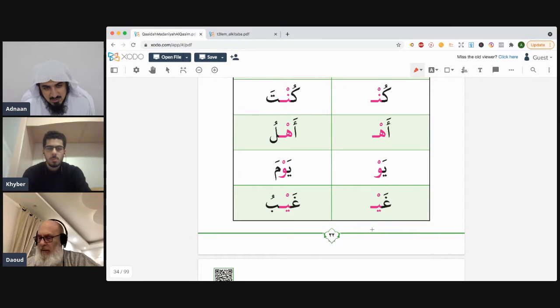Ya is two dots. Ya is a trolley with two wheels. But I'm still stuck on the first word. Oh, ghay. Ghaybu. Ahsan. MashaAllah. Well done.